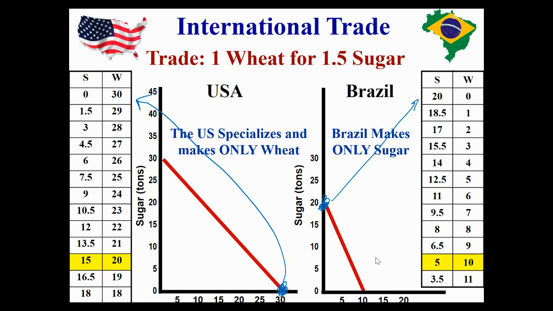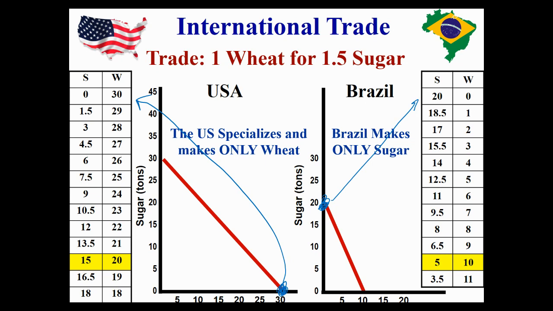So now we could create a trade consumption possibility curve based upon these numbers. We can make a deal. We could essentially say, hey, at the end of the day, since it's one wheat to 1.5 sugar, the US is going to keep 20.